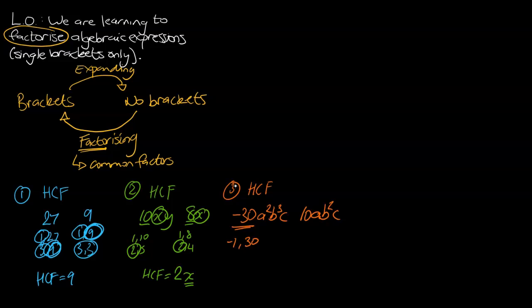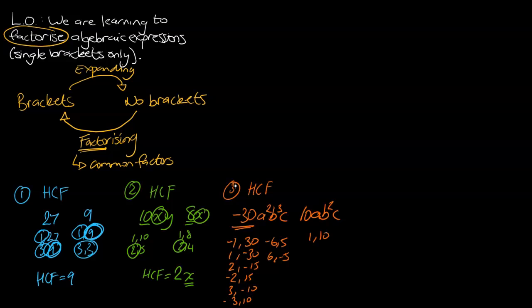We've got the other way around, 1 and -30. We've got 2 and -15, -2 and +15, 3 and -10, -3 and 10, and then we've also got -6, +5, +6, -5. So there's so many factors for those, and we've got the same here for the next expression. We're going to need to do that again.